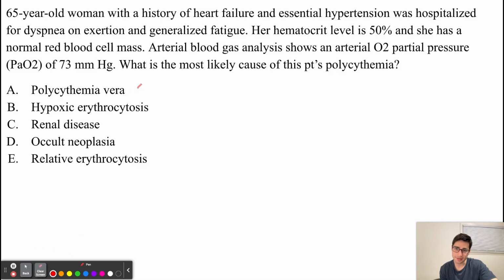Now, if you go back to this question, we see that the patient has a normal red blood cell mass, and she also has a history of heart failure, so she's most likely on diuretics, which can increase her chances of developing relative polycythemia due to her peeing out her body's volume from the diuretics. So as a result, we can safely say that the correct answer is going to be answer choice E, relative erythrocytosis, causing her polycythemia.